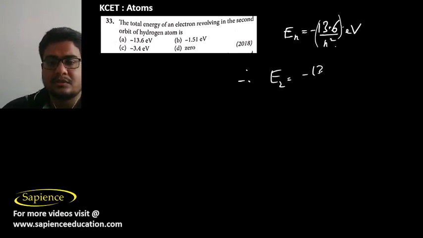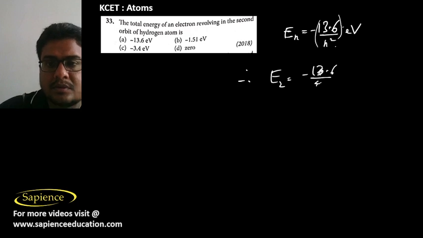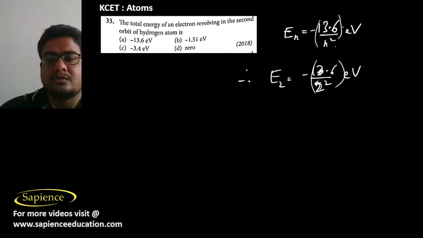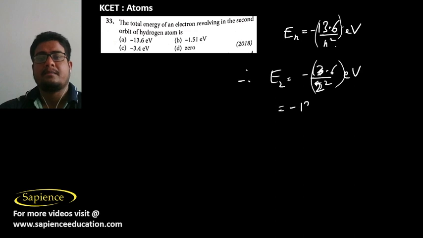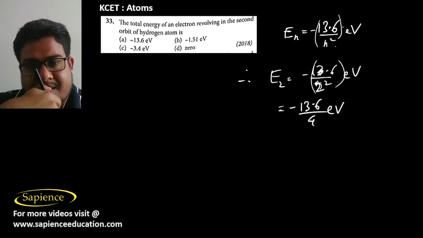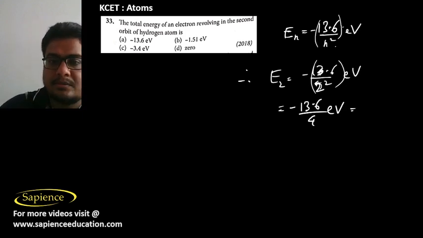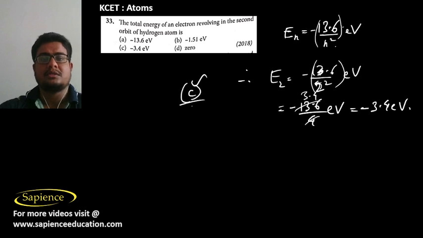That is minus 13.6 into 1 by 2 square, which equals minus 13.6 by 4 electron volt, so minus 3.4 electron volt. So option C is the correct answer.